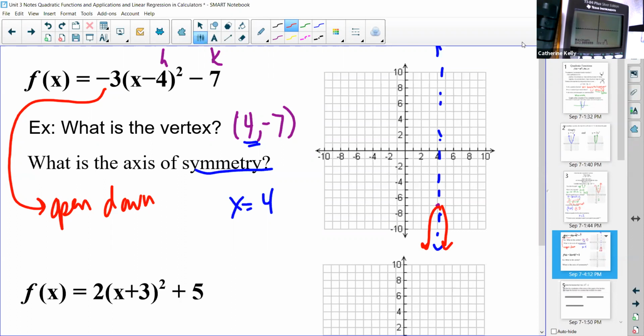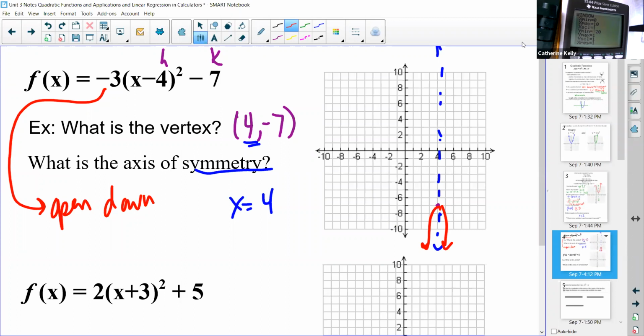It might be easier to find that. This is a tiny graph, so it might be easier to change your window. Since you know it's going to be down there, you can say that x can be 0 to 10, but y is going to be 0 to negative 20, and we'll go up by ones there.